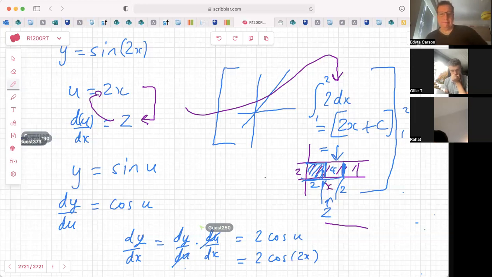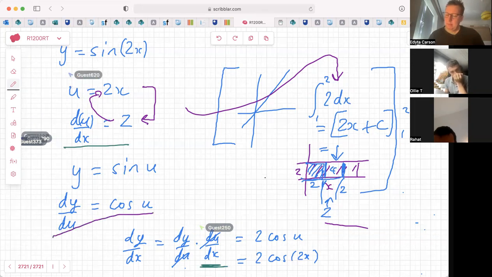Any questions? So 2 cos u, okay. We made 2x equal to u, and we got 2. We made y equal to sin u, and we got cos u.